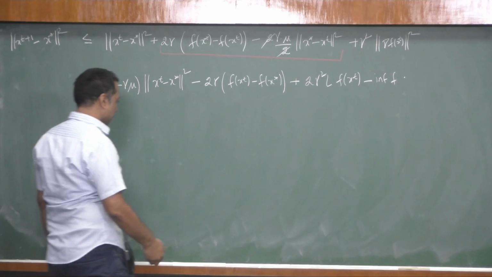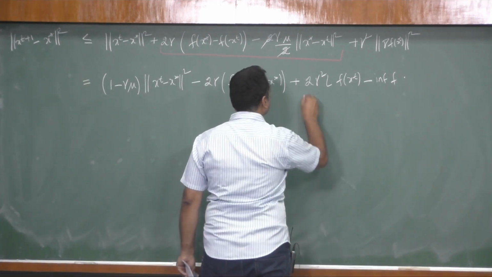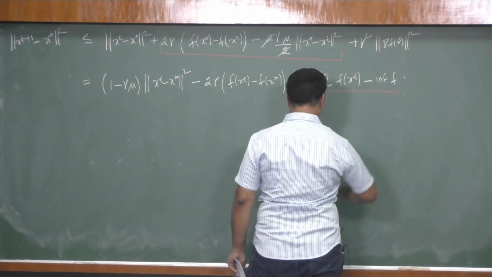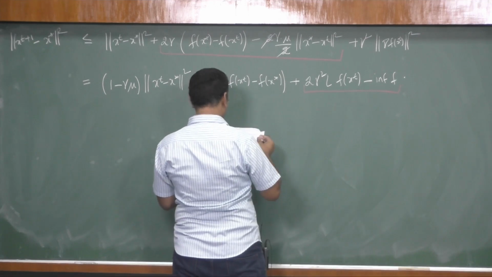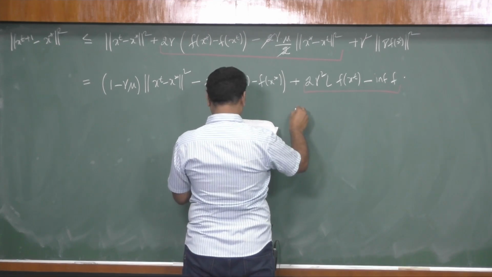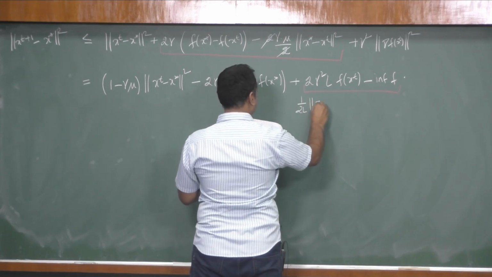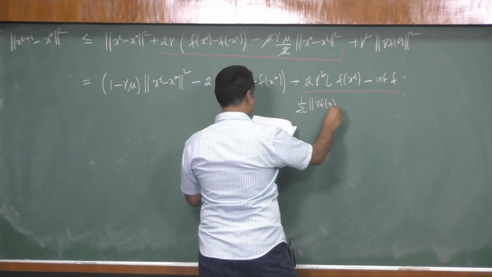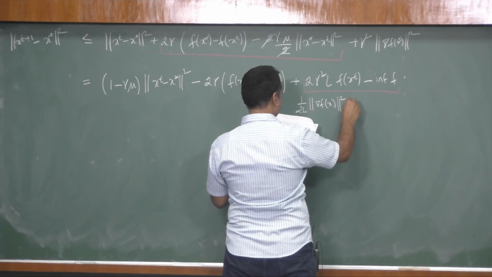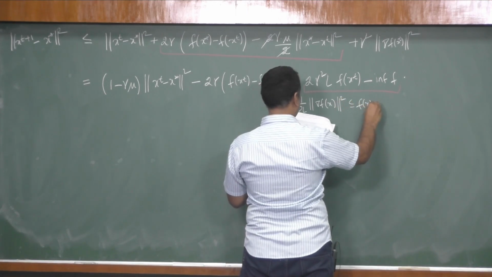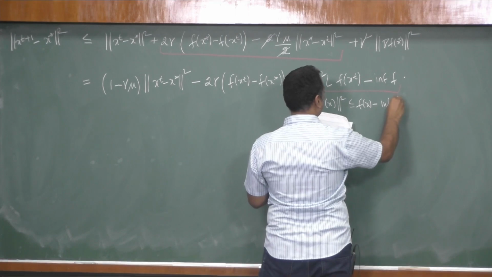This is from a lemma that we did before, the smoothness lemma, a consequence of smoothness, which was 1 by 2L, f(x) minus infimum of f.